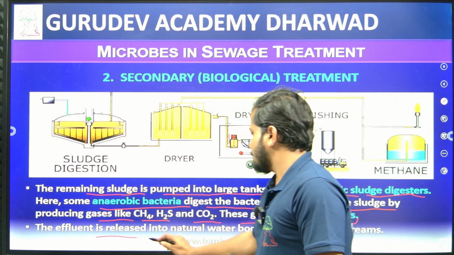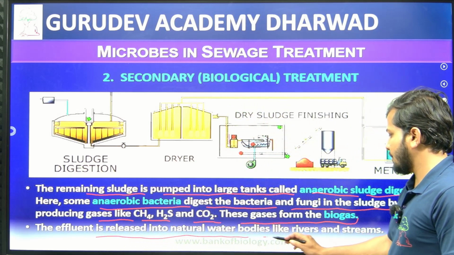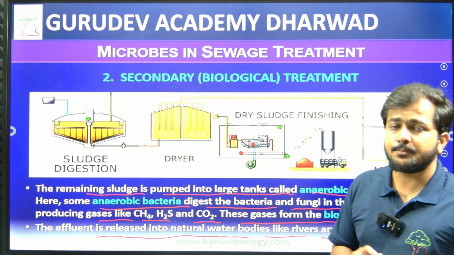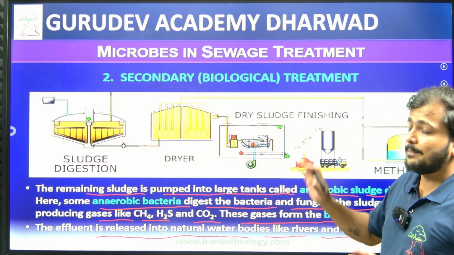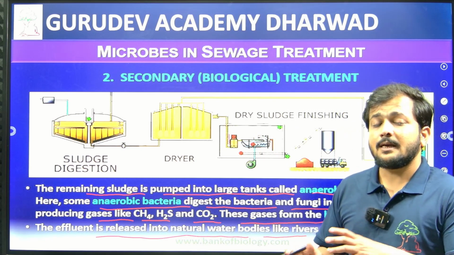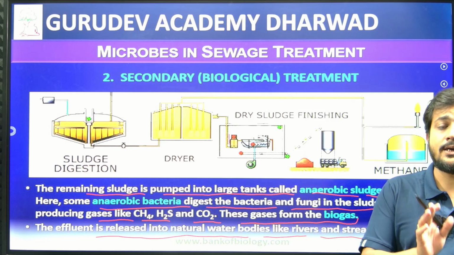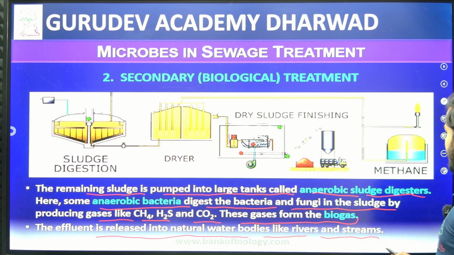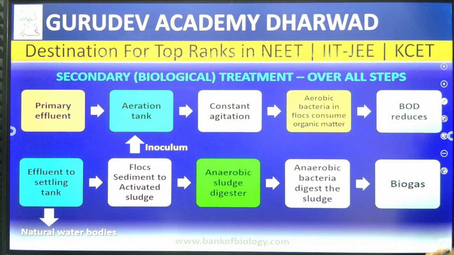The effluent is released into natural water bodies like reservoirs and streams. After all this primary and secondary treatment, the purified water is transferred into water bodies like rivers or streams.